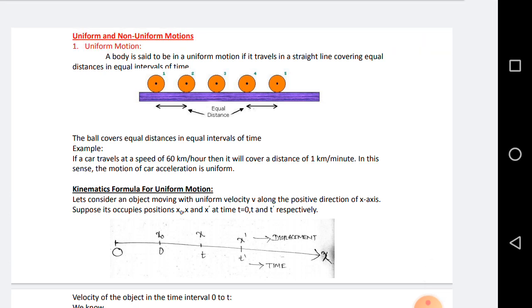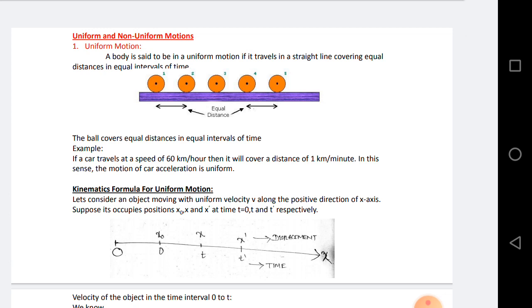For example, if a car travels at a speed of 60 km per hour, then it will cover a distance of 1 km per minute. In this sense, the motion of the car is uniform. The car is traveling with a speed of 60 km per hour, that means it is covering 60 km per hour. If we convert this hour to minutes, then we get 1 km per minute.